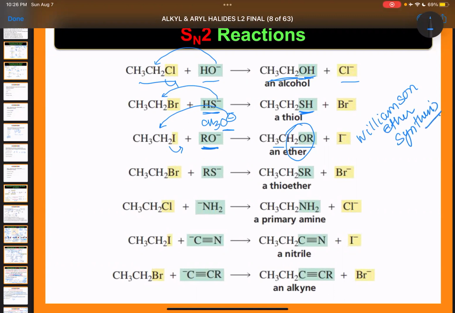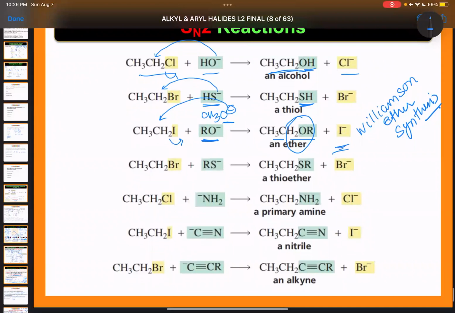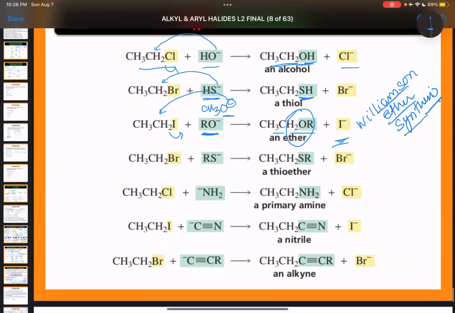It is known as Williamson ether synthesis, in which ethers are prepared by attack of alkoxide ion on alkyl halide. Very, very important reaction. It is an SN2 reaction. So SN2 reactions are not only for alkyl halide, they are general reactions used for the preparation of many other functional groups. Okay, RS minus is there.